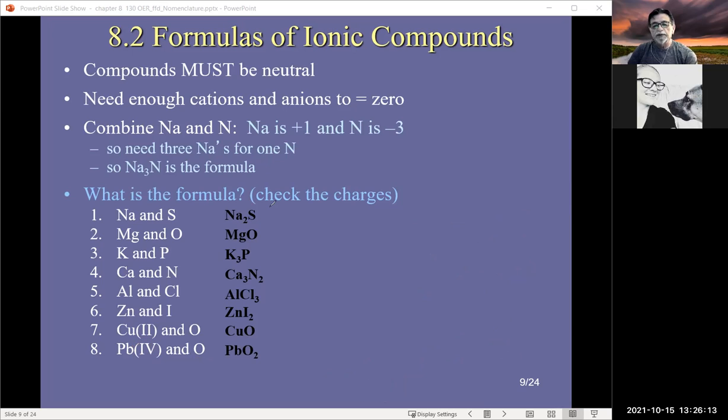Now, with respect to naming, we got sodium sulfide. Okay. Second one is magnesium. Not to be confused with manganese. A lot of times Mg and Mn get confused, but Mg is magnesium oxide. Oxygen changes its name to oxide. Then we got potassium, P, going from phosphorus to phosphide.